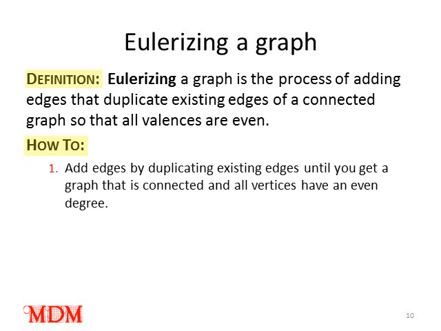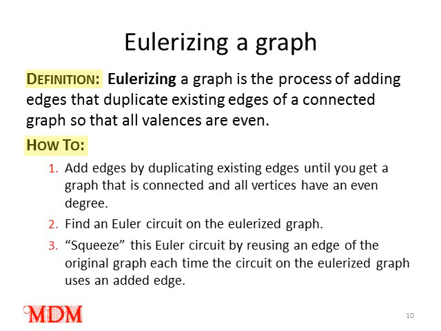We're going to add edges by duplicating existing edges until we get a graph that is connected and all vertices have an even degree. Then we're going to find an Euler circuit on the Eulerized graph.